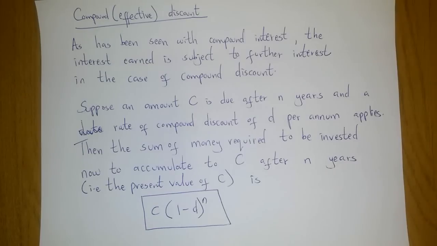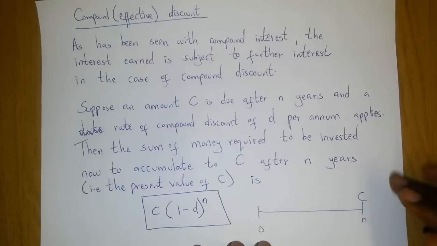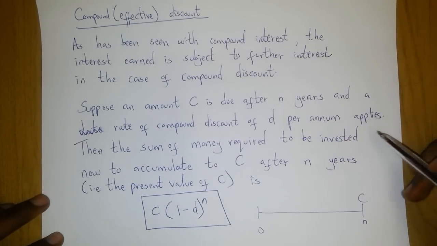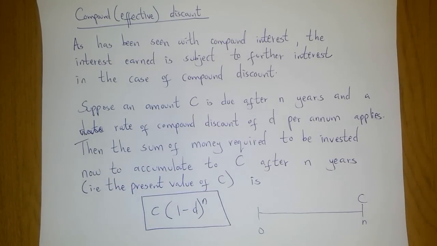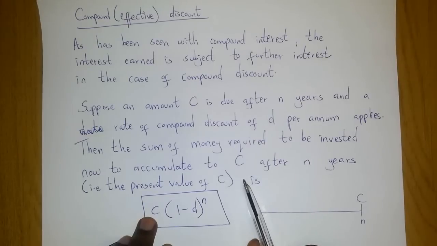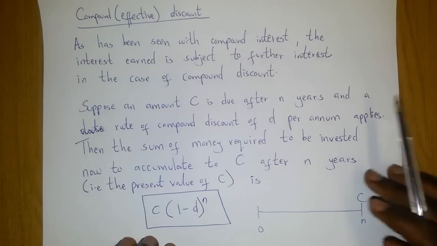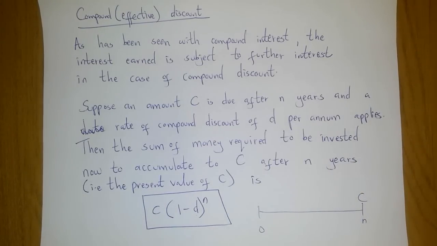So suppose an amount C is due after n years, again, n years, an amount C here, and the rate of compound discount of d per annum applies, then the sum of money required to be invested now to accumulate to C after n years under compound discount is given by this formula, where again C is the amount invested, d is the compound discount, and n is the number of years. All you have to do is plug values into this formula and you will not go wrong.